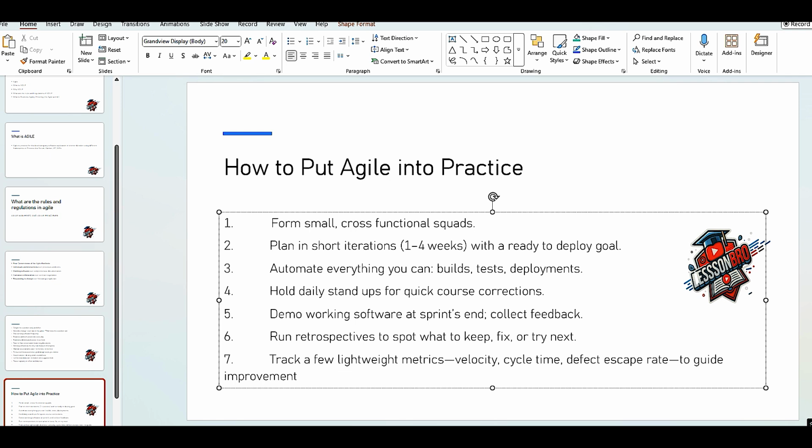Then daily stand-ups for course corrections actually. Normally what I see, daily stand-ups are becoming status updates: what I'm working on today, what I'm working on tomorrow, and what will be next. That is not the way it has to be done in real time, guys. Trust me. Normally in the daily stand-up, you tell your teammates, hey team, I'm working on this, I'm blocked here, can someone help me out?